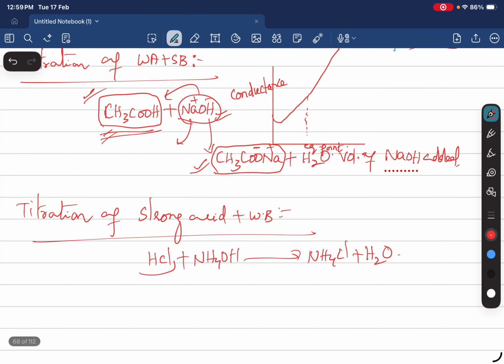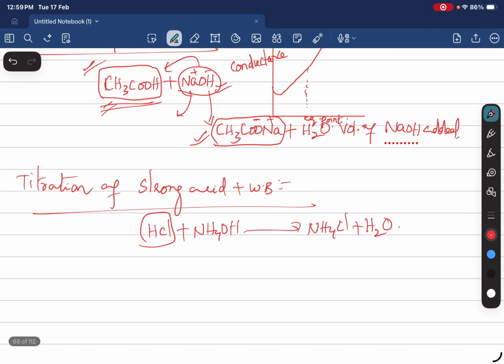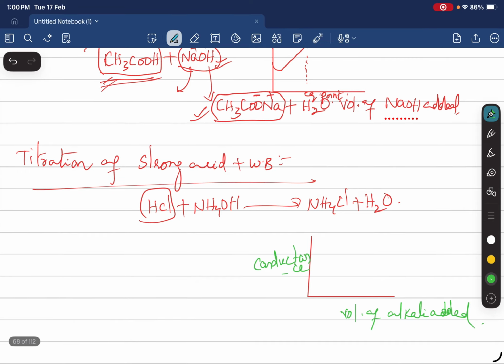Here initially the strong acid is there, so the conductance of the initial solution is more.